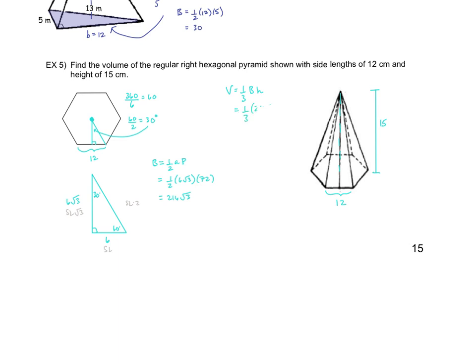So I have 1/3 times 216 root 3 times 15. Again, multiplying that out, I'm going to keep it in exact form. So with my radical, I end up getting, and this is a big one, 1,080 square root of 3. And that's centimeters cubed.